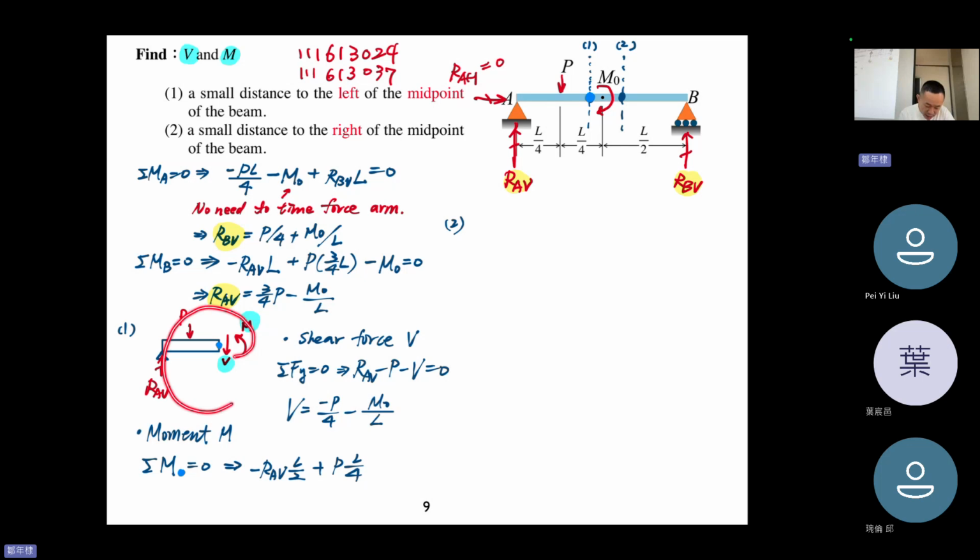M itself is counterclockwise, so it will be positive, equal to 0. So our M equals PL divided by 8 minus M naught over 2. So these two values are the answer.